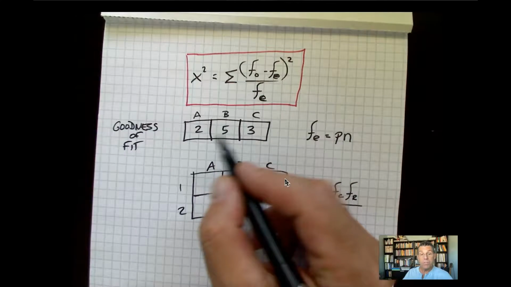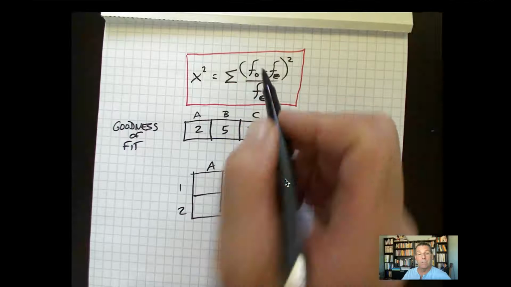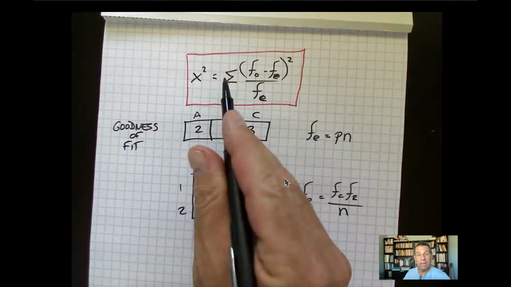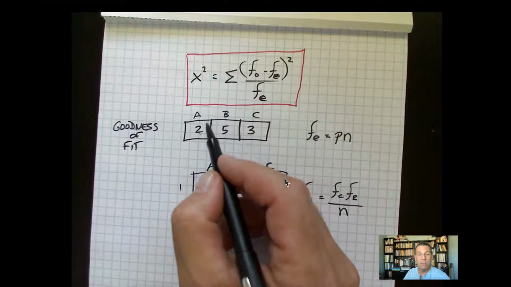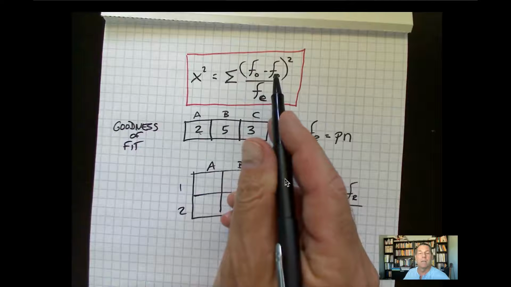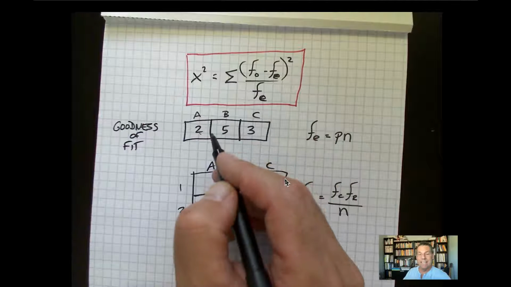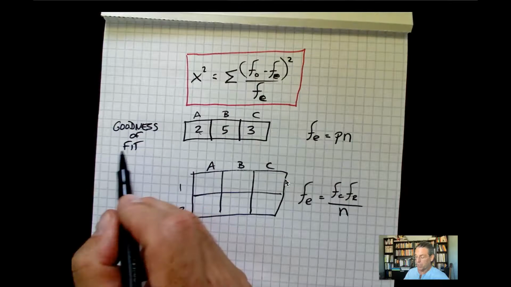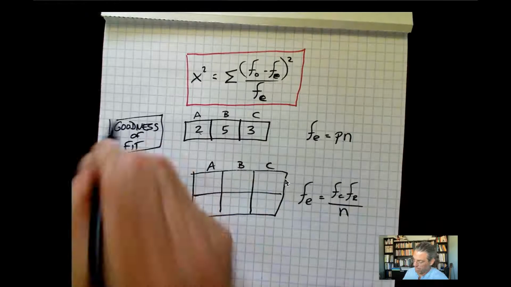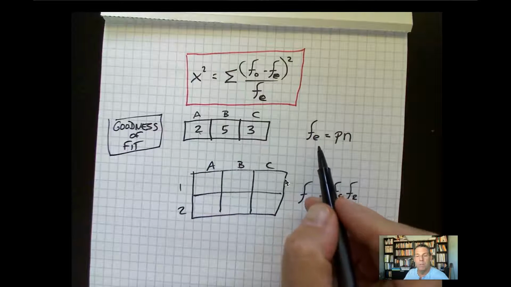At that point, those are your observed frequencies. So when you want to calculate the chi-square for this cell here, it's going to be 2 minus something. Then we square that difference and divide by something. To get the frequency expected for the goodness of fit version, you use this formula.